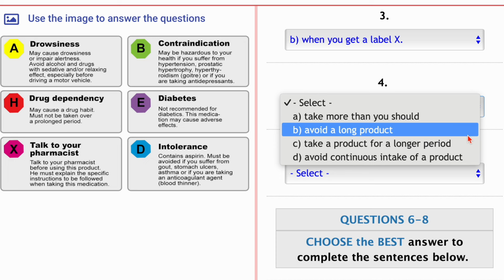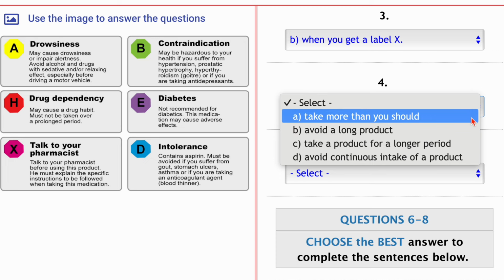Because it's not about a long product. It said don't take it for a long time. Also, make sure to take more than you should. No, we shouldn't take more, is what it's trying to tell us. So C or D.